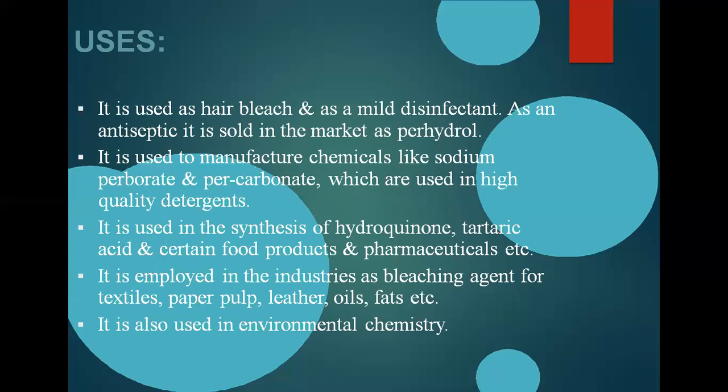Tartaric acid is used to prepare sweets and paneer. If you put some tartaric acid in warm milk, it separates the protein from the water. Hydrogen peroxide is also used in medical antiseptic creams and many other things.